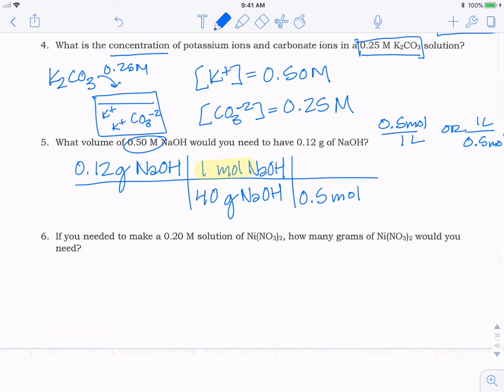Per how many liters? 1 liter. Multiply the top, divide by the bottom. Ooh, very small amount, 0.006 liters. That's the same thing as 6 milliliters.